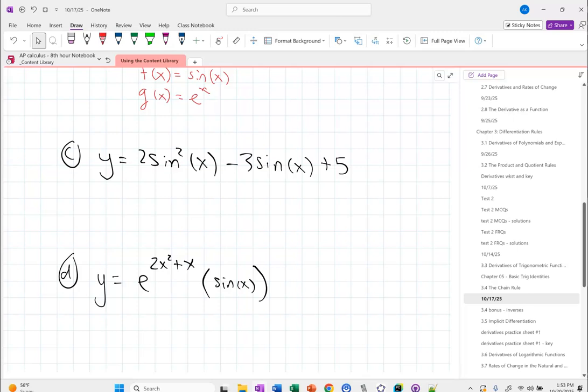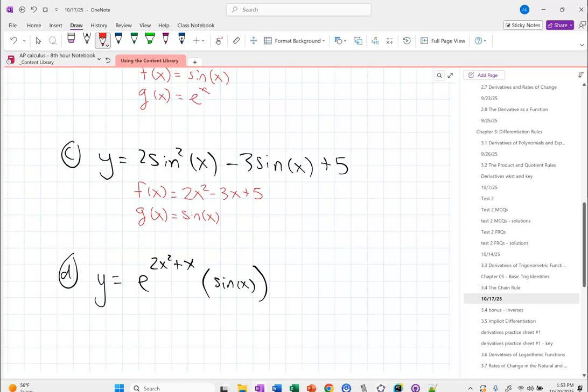Is the outer 2x squared plus 3x plus 5? That is correct. And the inner function then would be sine x, right?